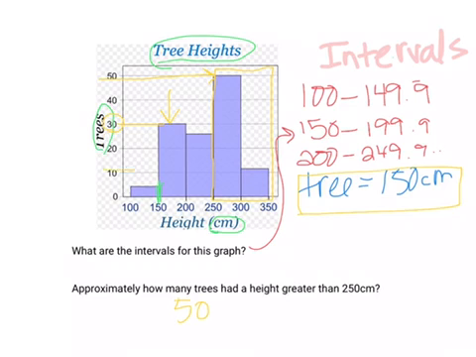And my second interval, I'm going to have to estimate a little. That might be either 11 or 12. I'll just go with 12. So I'm going to say approximately 62 trees had heights greater than 250 centimeters. And again, approximately was part of that, so I could estimate.